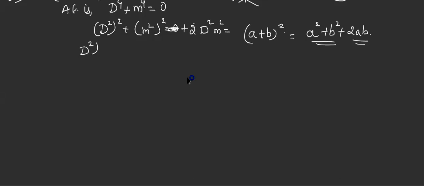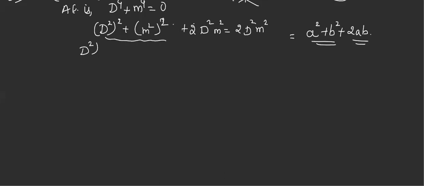And if I'm adding on one side, let me adjust it by adding the same thing on the other side. Am I right? Otherwise, you can subtract, your choice. Let me write 2d square m square, what I have taken extra, on the other side. Is it balancing now? If I cancel, I'll get back the step.